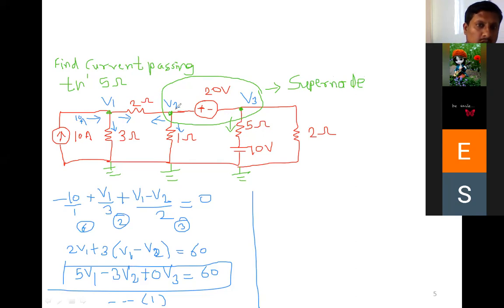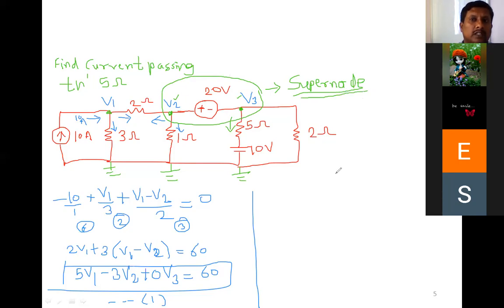Supernode. Because the two adjacent principal nodes V2 and V3 are connected by only a voltage source. There is no passive component, that is resistor, inductor, capacitor, present anywhere. So in that case, it is difficult to find the current. The part of the circuit connected by a single voltage source is called a supernode. Such problems we cannot solve by simple nodal analysis. This is a special case of nodal analysis which we can solve using the steps of supernode analysis.